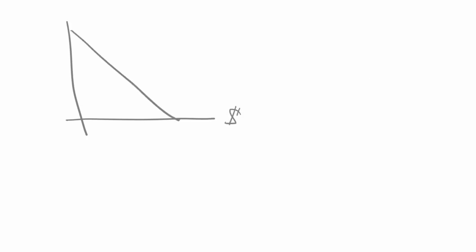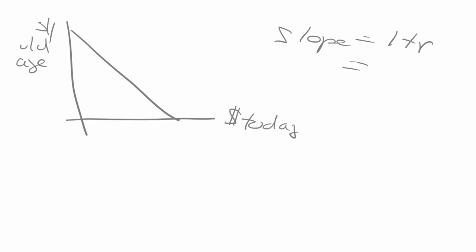This is dollars today. This is dollars in old age. So for every dollar that Susie doesn't spend now, she gets that dollar times 1 plus R in old age. So the slope equals 1 plus R, or 1.2.